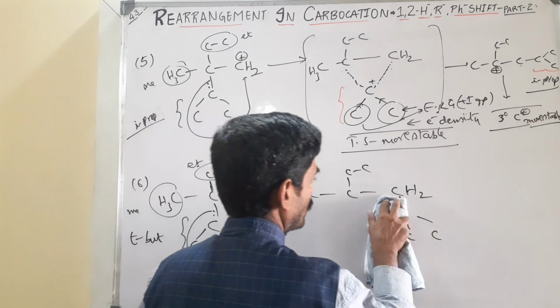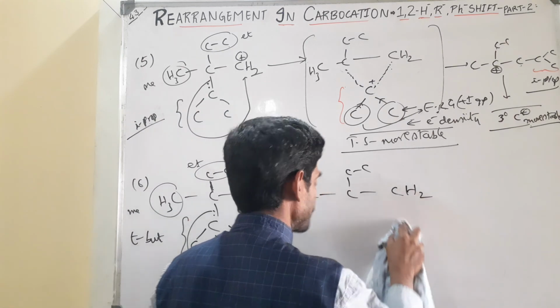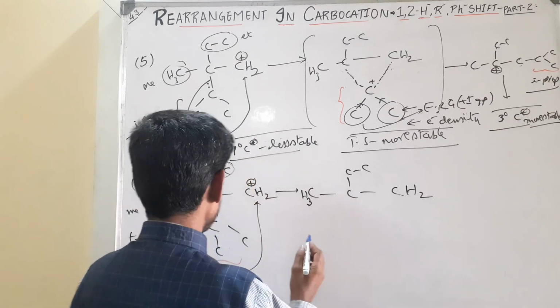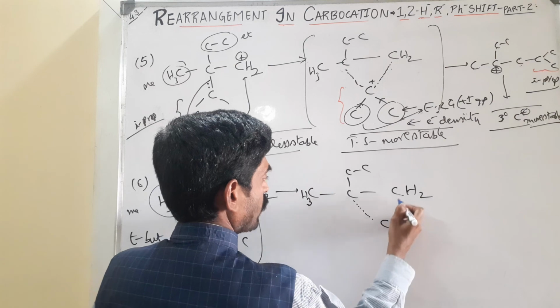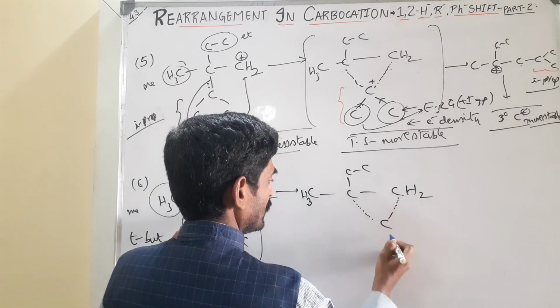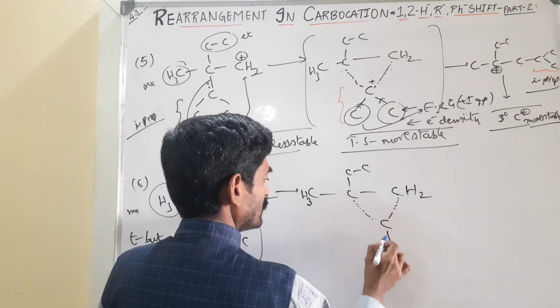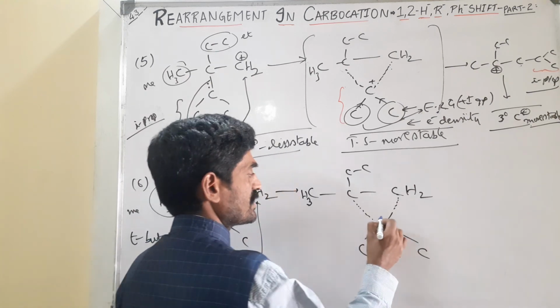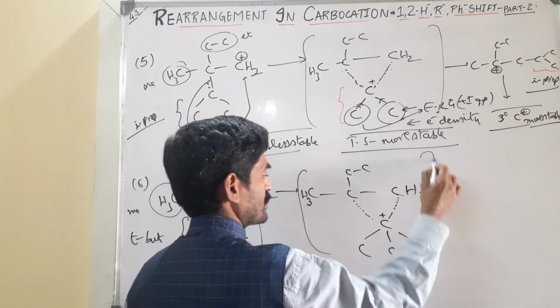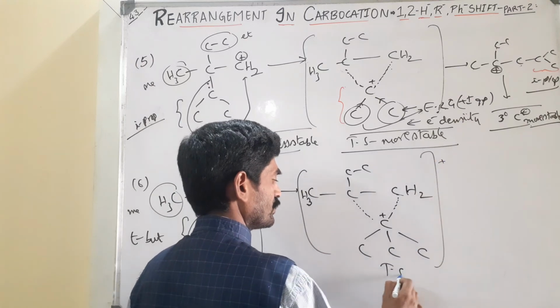I just represent a transition state now for your understanding. From here it is migrated here, partial bonds. Then this is bonding with 3 methyl groups. Now this is a positive charge. This is a transition state.